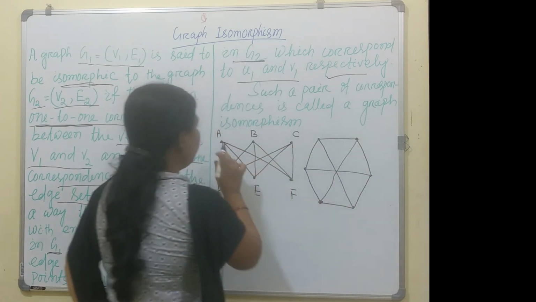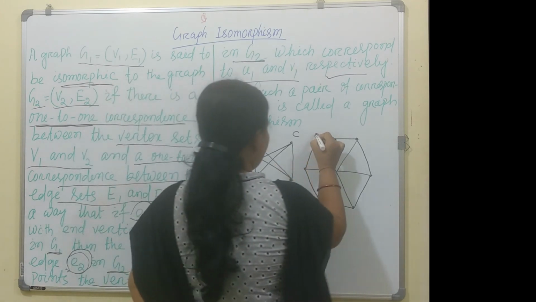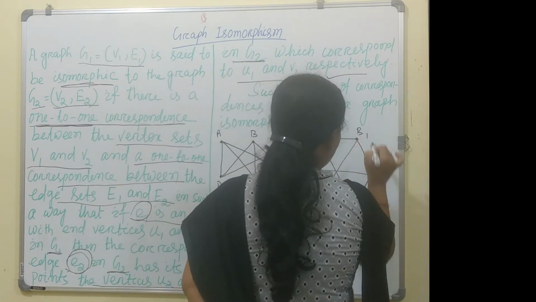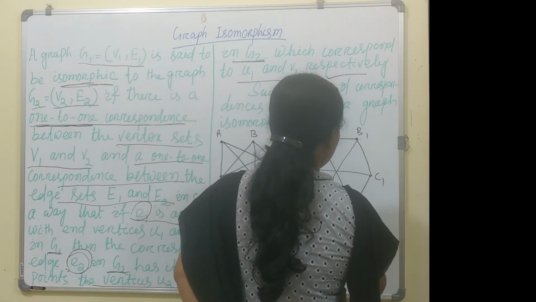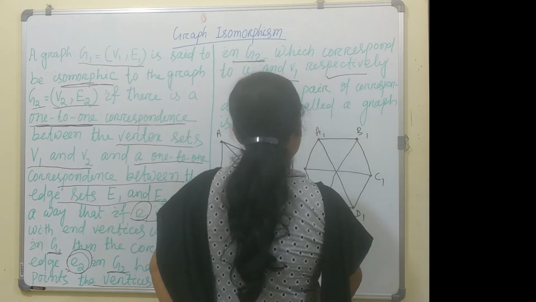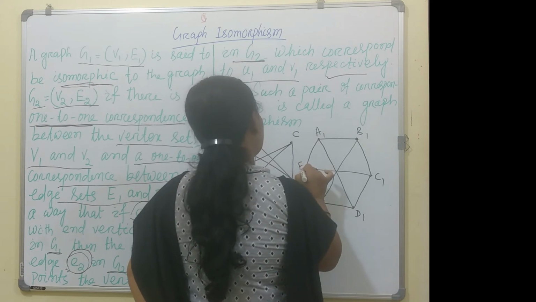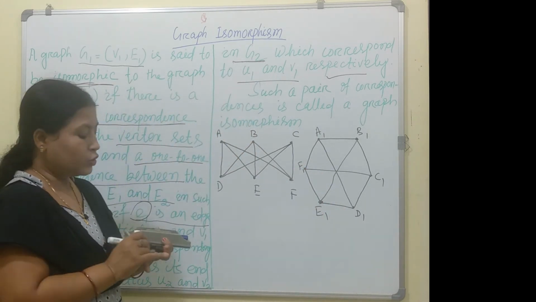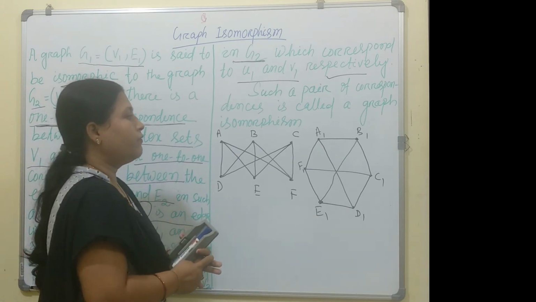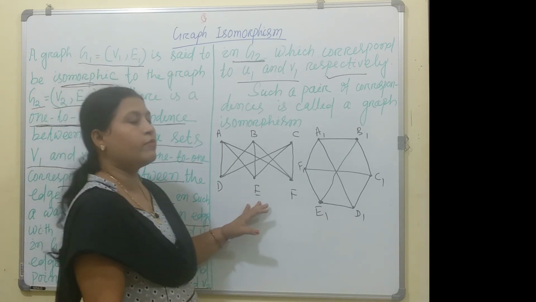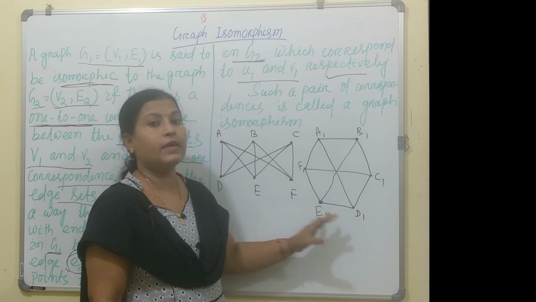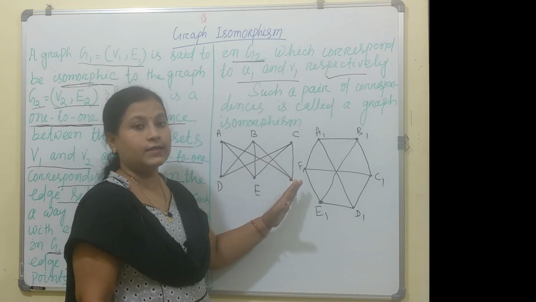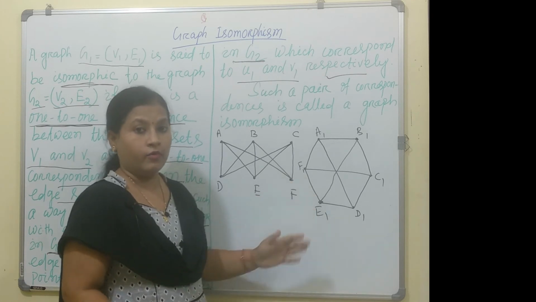And these vertex sets are A1, B1, C1, D1, E1, F1. Okay, these two graphs are isomorphic graphs because there are the same number of vertices and the same number of edges, and the corresponding vertices and edges are equal, 1-to-1.